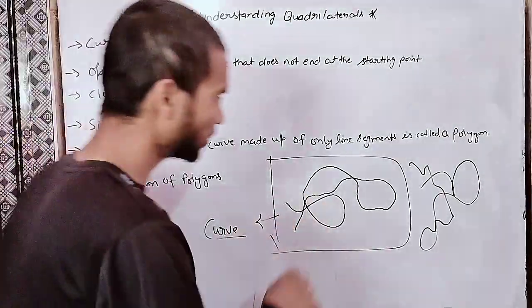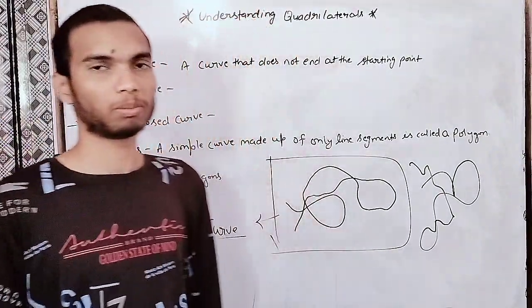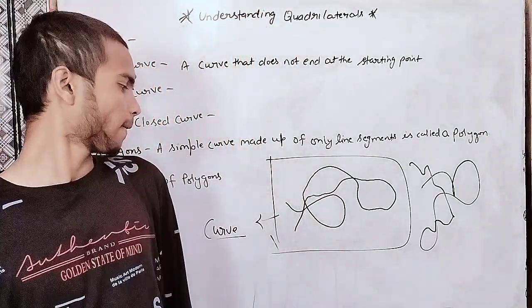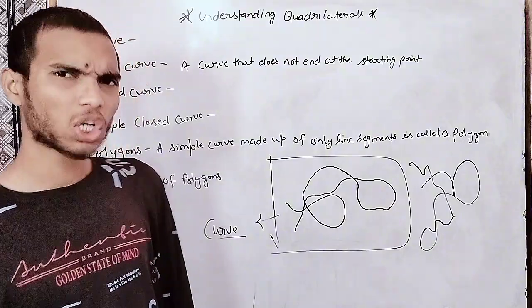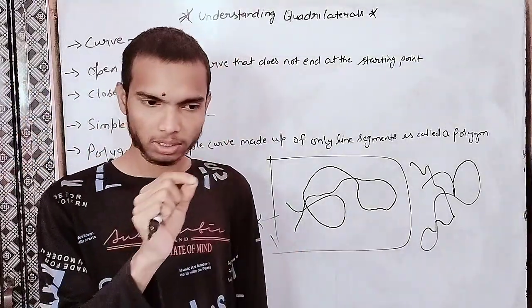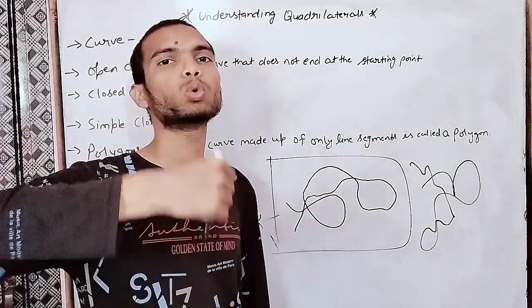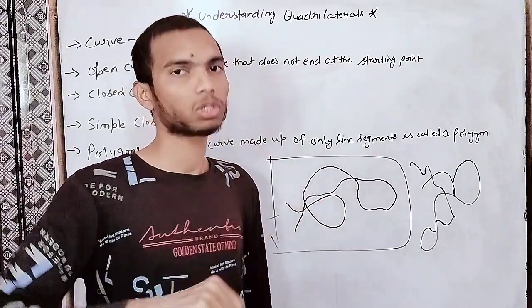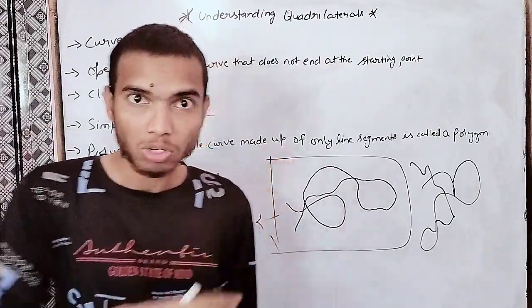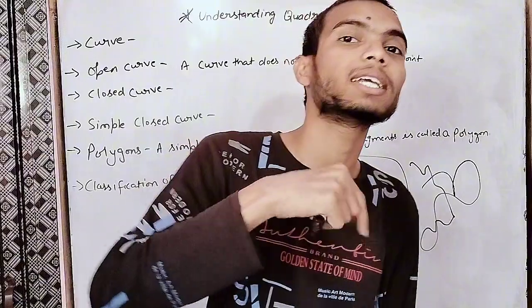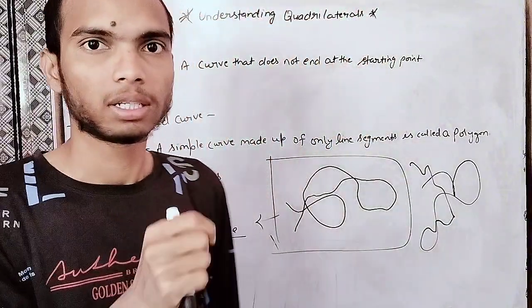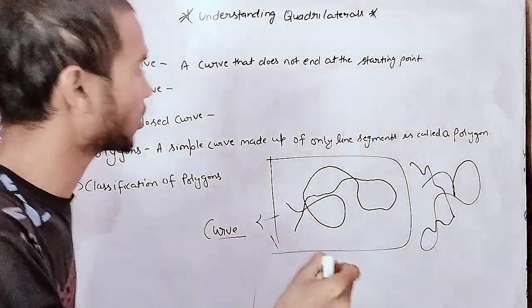This is how we make a curve. So the definition of a curve is, from the first point to the second point, without lifting in between, the diagram made is known as a curve.